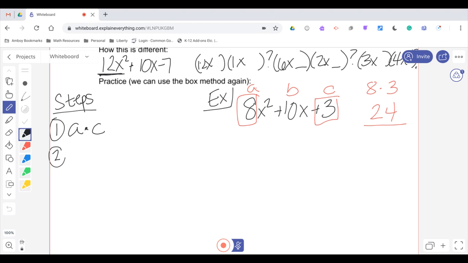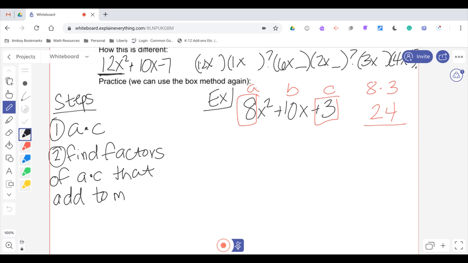My second step is that I want to find factors of A times C that add to make B. So I'm going to just quickly list out all the factors of 24 that I can think of.